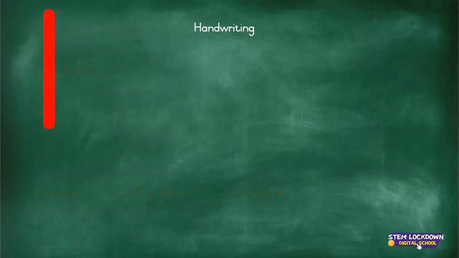So now it's time for us to do some handwriting. So you must have your pencils ready. Okay, we are going to do some handwriting now. I know that you've done a little bit of exercising there in the math class.